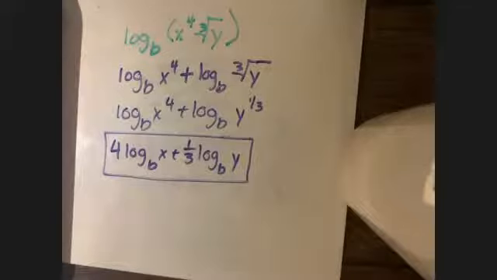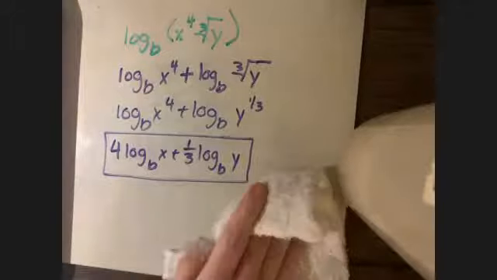Okay. So looking at another one, so we kind of get one that does have kind of all of the stuff in it. I've got log base 5 of square root of x over 25y cubed. Okay. So first thing here is I do have a fraction.